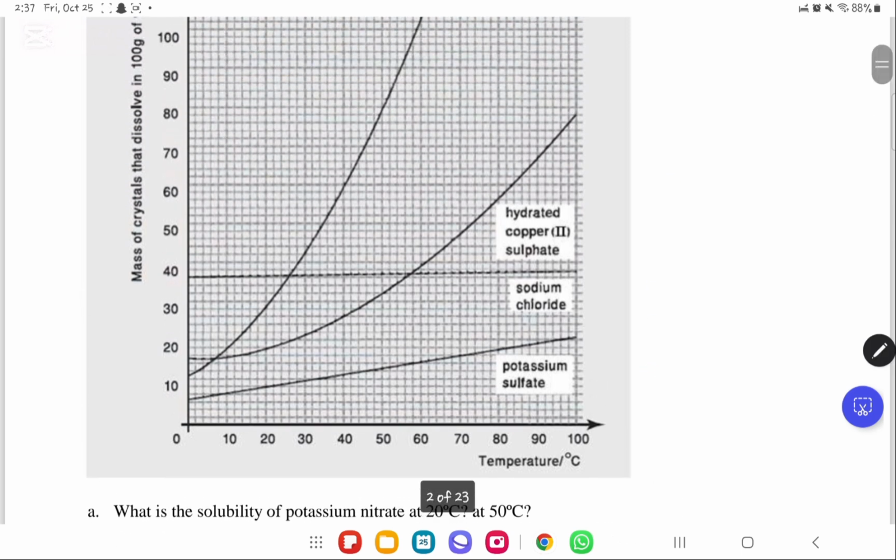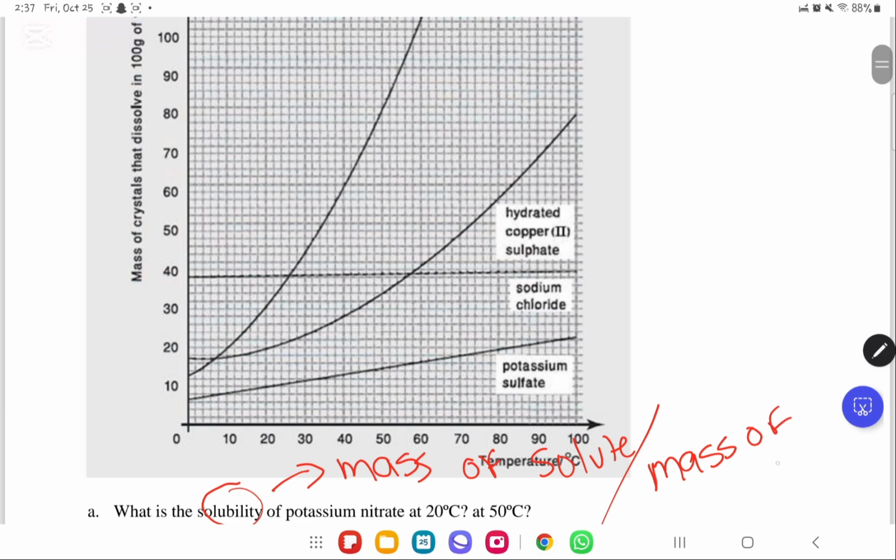When we're talking about solubility, this means the mass of the solute over the mass of solvent. Solute is the thing that dissolves, and solvent is the thing that it dissolves inside. So the universal solvent is what? The universal solvent is water. So whenever they're talking about solubility, they're talking of the mass of solute over the mass of solvent.